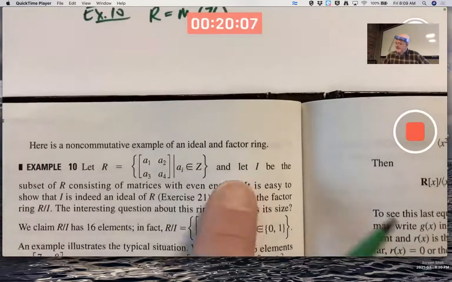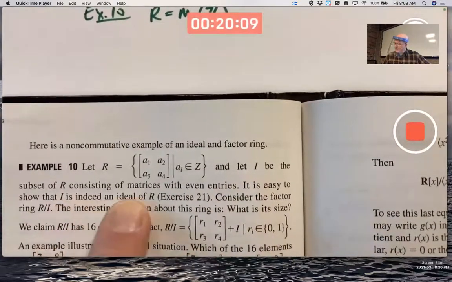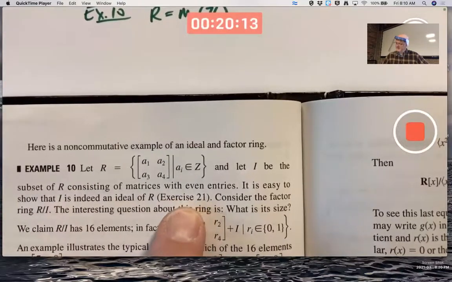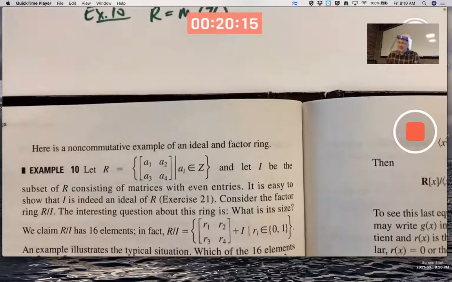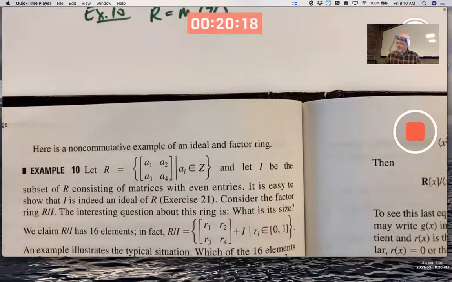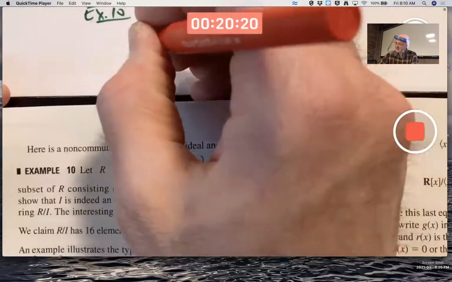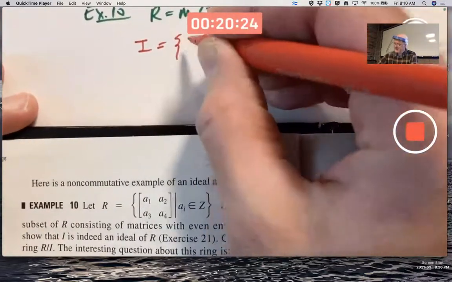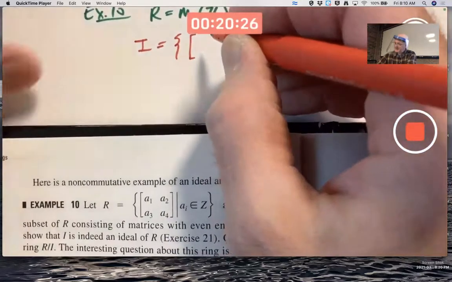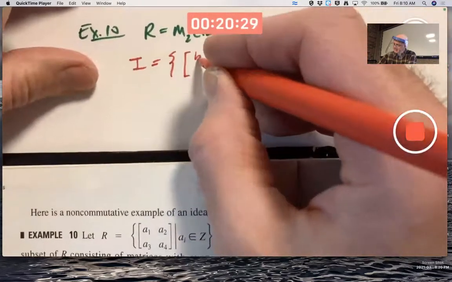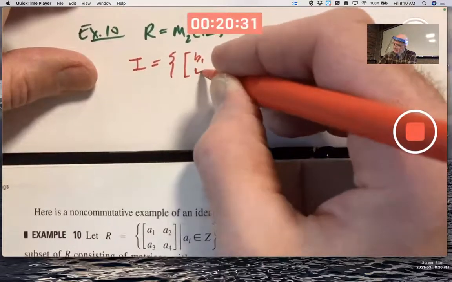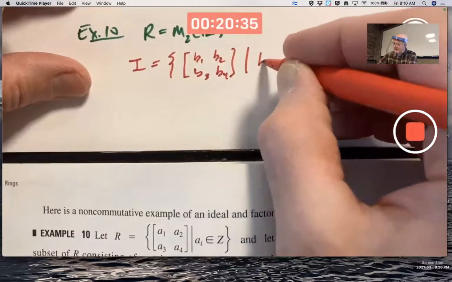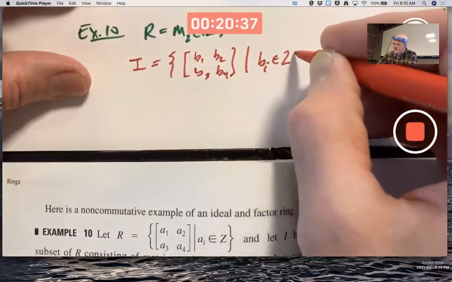Let I be the subset of R consisting of matrices with even entries. It's a subset here initially. If we wanted to write it out with symbols, I is the set of all matrices of this form, where those b's are all in 2Z.